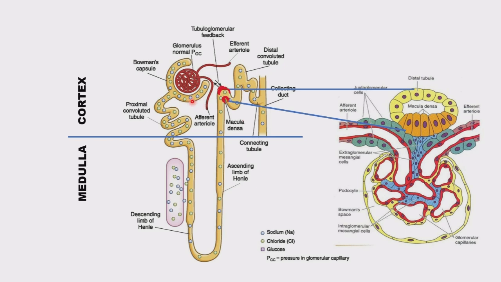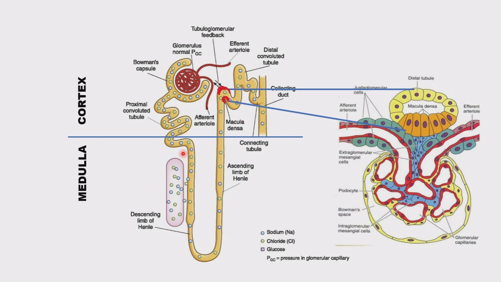Each nephron contains a glomerular capillary through which fluids and solutes are filtered from the blood. The filtered fluid flows into the Bowman's capsule that totally enwraps your glomerulus. Then the filtered fluid will flow to your proximal tubule, which is located at the cortex of the kidney.